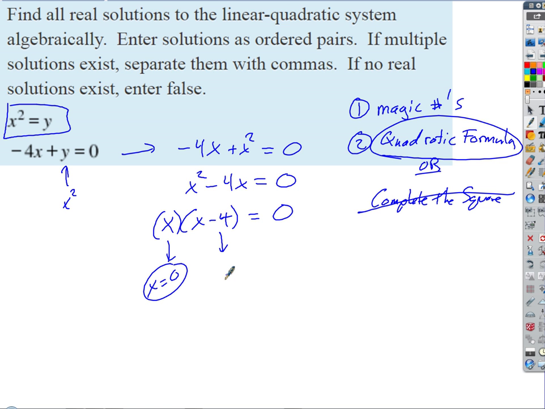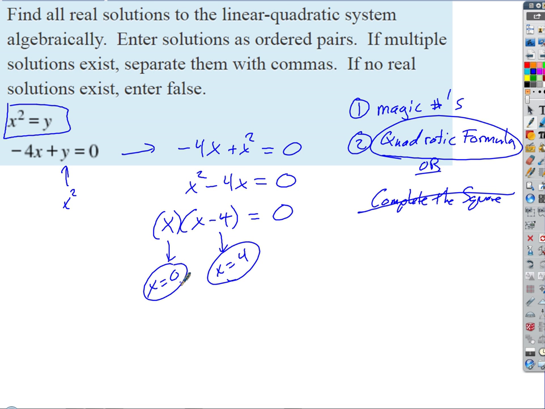What's the value of x that makes the second factor equal to 0? 4. 4 minus 4 would be 0. And remember that the product of these two factors can only equal 0 when I'm multiplying by 0. So either the first factor or the second factor has to be 0. So my two possible solutions are x equals 0 or x equals 4.